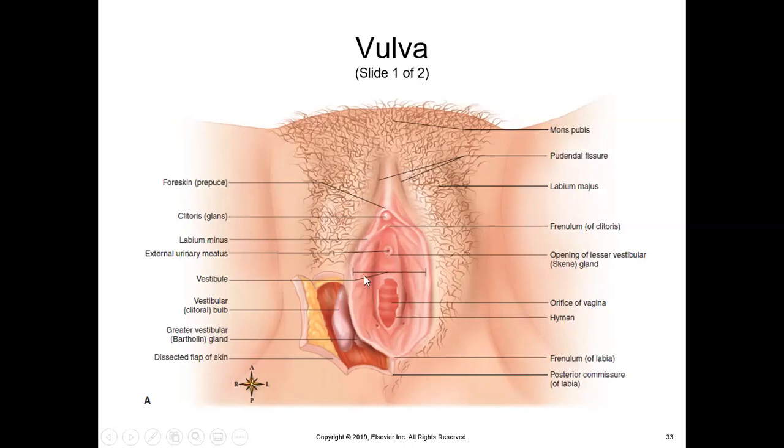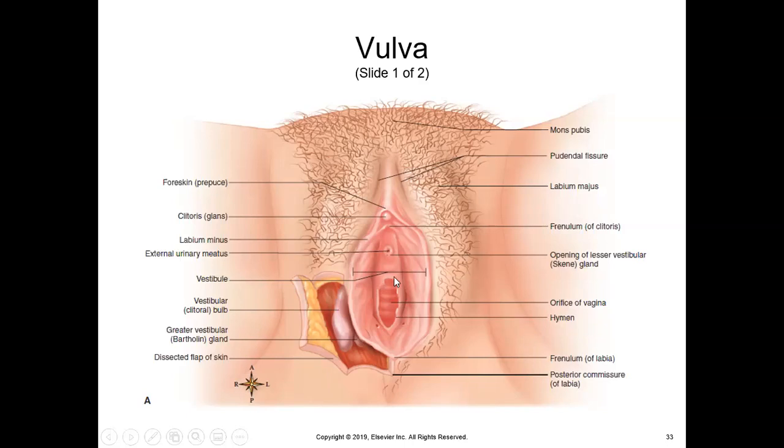This is the vestibule of the vulva, and then this is the orifice of the vagina. This is the opening going into the internal genitalia. And this is the area that is covered with the hymen, which is only broken when something penetrates it.